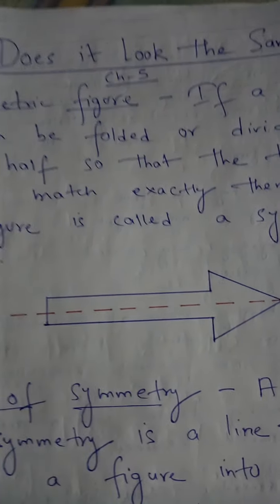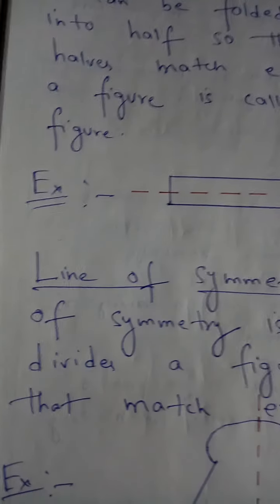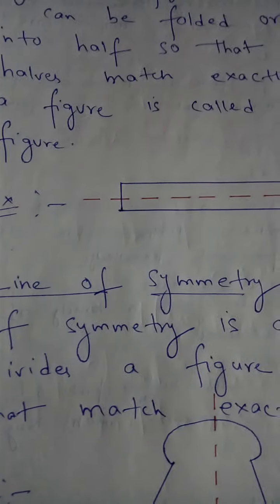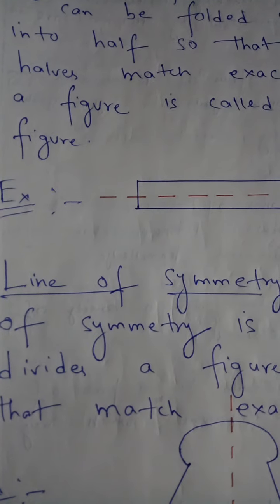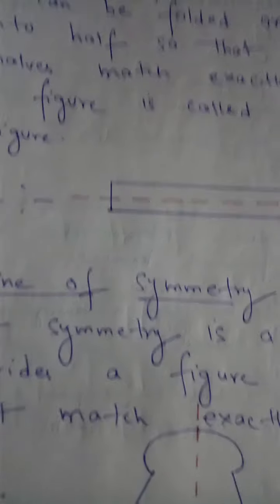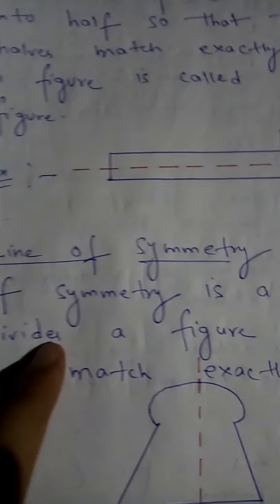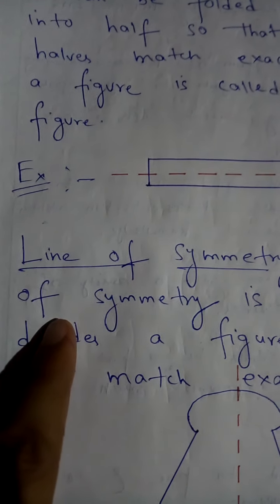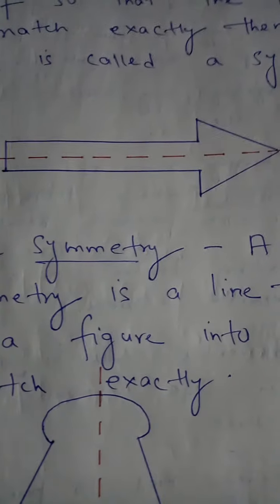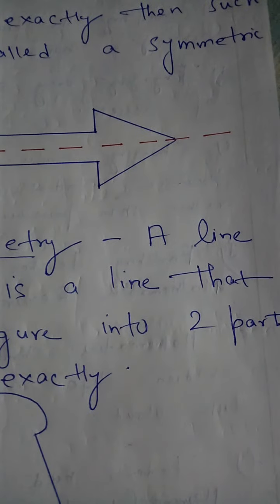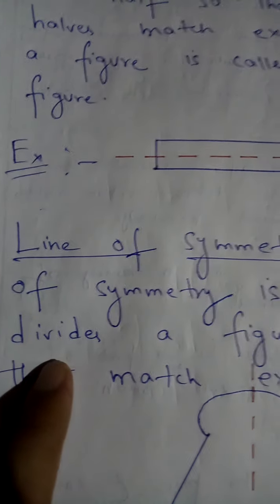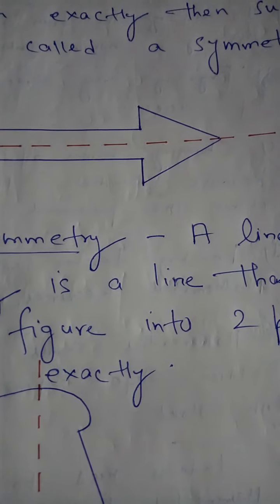Okay. Now the next definition, let's come to what is line of symmetry. A line of symmetry is a line that divides a figure into two parts that match exactly.